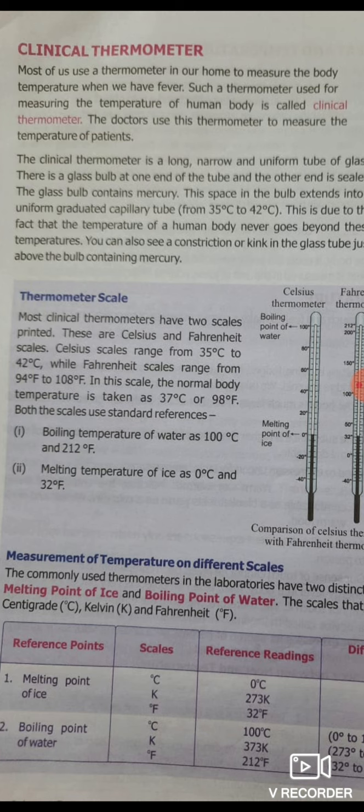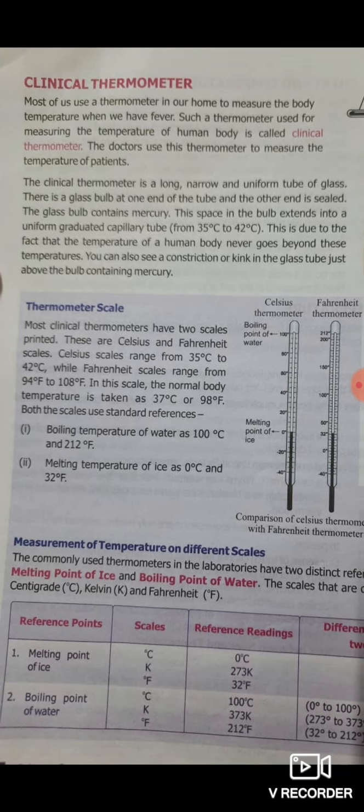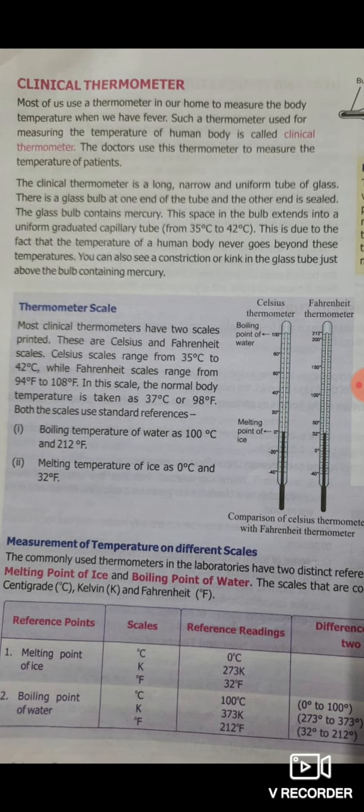Now the clinical thermometer is basically a long, narrow, uniform tube of glass. There is a glass bulb at one end of the tube and the other end is sealed, right? The glass bulb contains mercury inside it, and the space in the bulb extends into a uniform, narrow capillary tube.